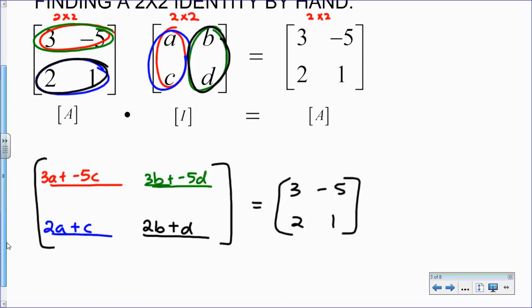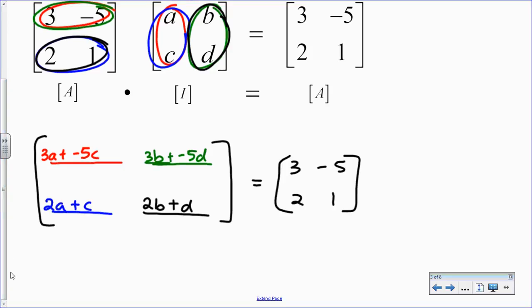Okay, to find the value of my variables, I can set up these equations. I know that 3A minus 5C has to equal 3, because after I multiply, that's what I'm getting. Then 3B minus 5D should equal negative 5.